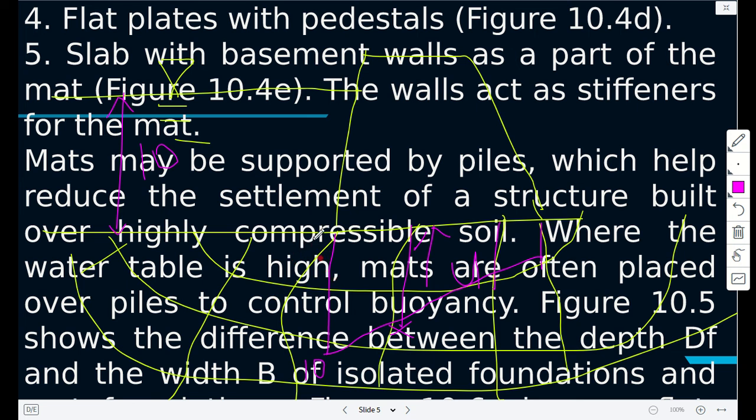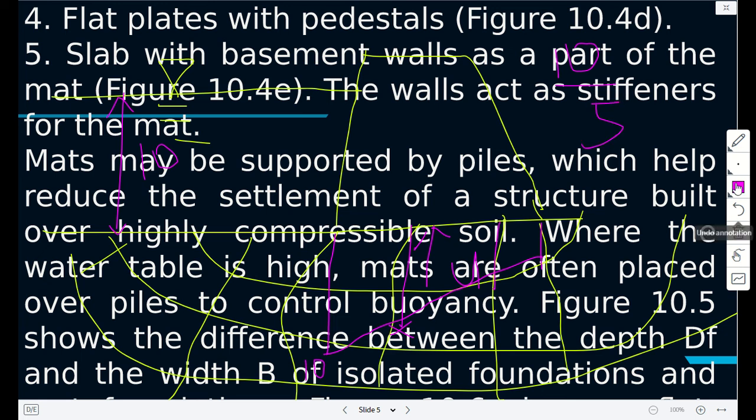So you count the number of flow nets: 1, 2, 3, 4, and 5. So when the water flows here, the head would be 0. This means the head loss in each of these compartments would be 10 over 5.